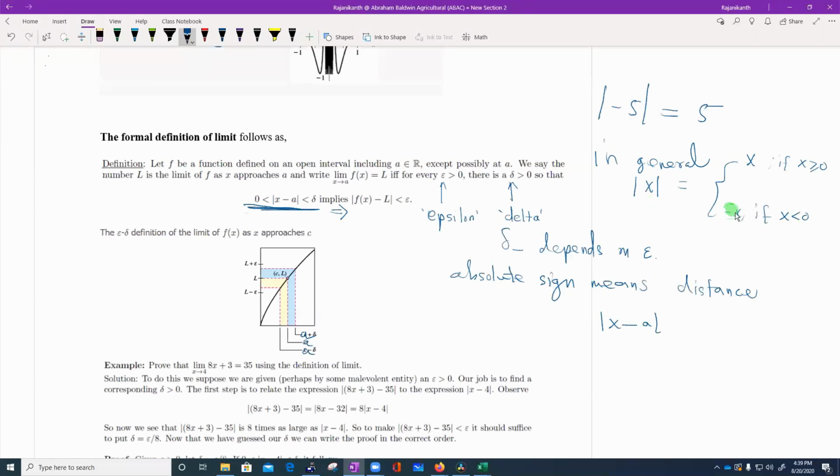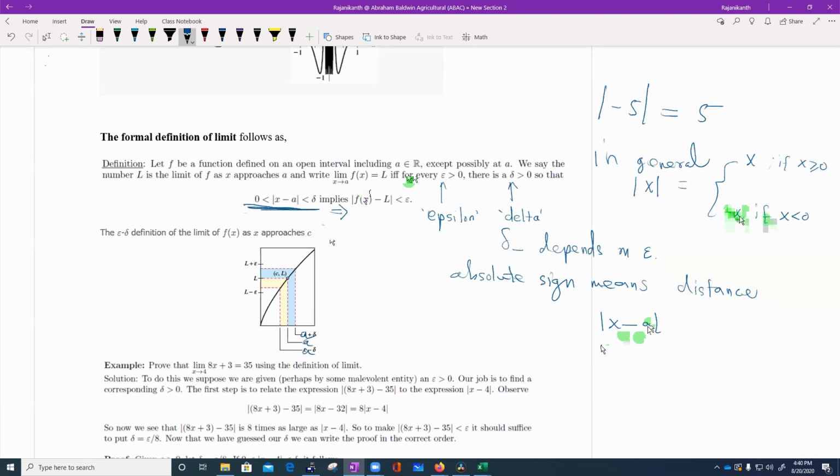So this will now be positive. If x is negative, I am putting one minus sign in front of a negative number, and this makes it non-negative. That is why we have two different values for the absolute sign. That means absolute value is geometrically the distance between two points.